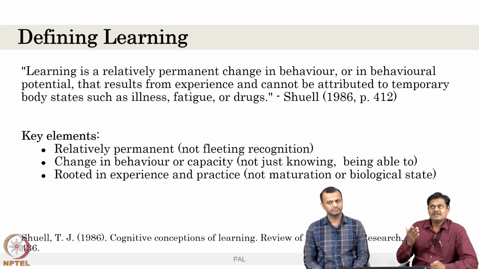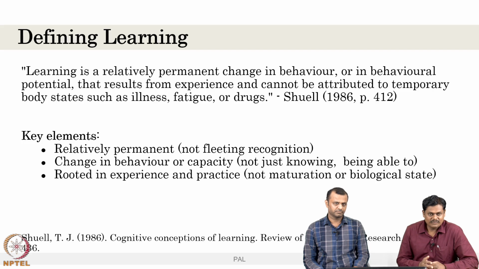For example, if someone knows how to do something but has not yet demonstrated it, still it can be considered as learning. So being able to do. Third point is rooted in experience and practice, that can also be counted as learning. So later we will look at different dimensions of this definition whenever required further in this course.